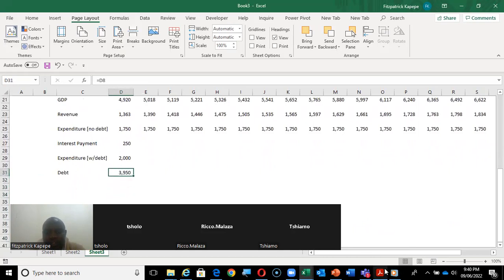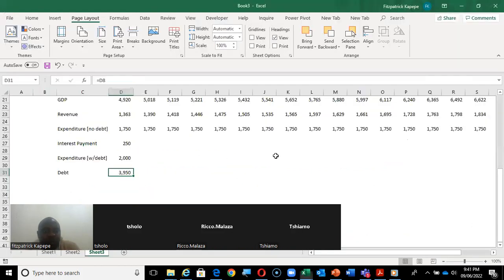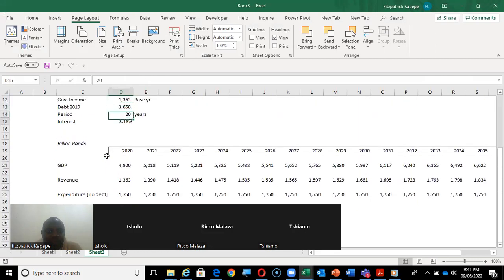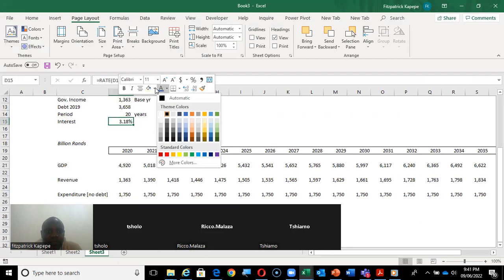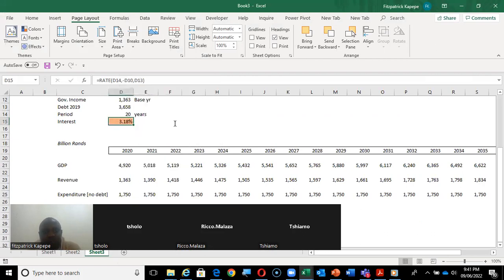Okay, so let's get back to the question. It's more instructive. For the year 2020, calculate the interest rate which is being charged on the government debt, 250 billion interest payment on a debt of 3658, which we have done. This has already been answered. So I found that 3.18.